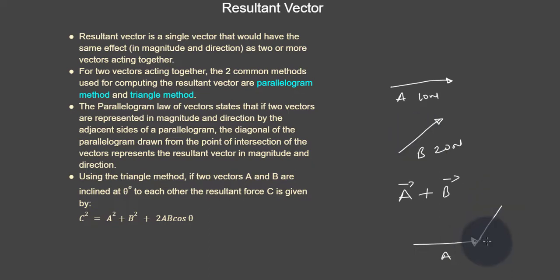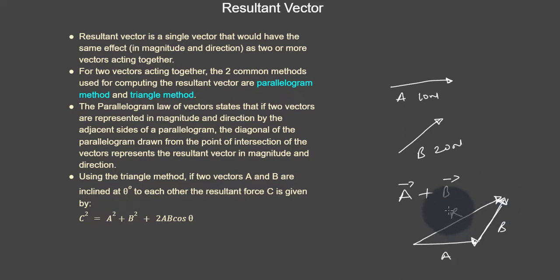You make sure that you go in the same direction as this vector B, right? Then you stop once you've drawn the length of vector B. So this is vector B, right? So the resultant vector is the vector that runs from the very beginning to the very end, to where you actually stop. So this is the resultant vector.